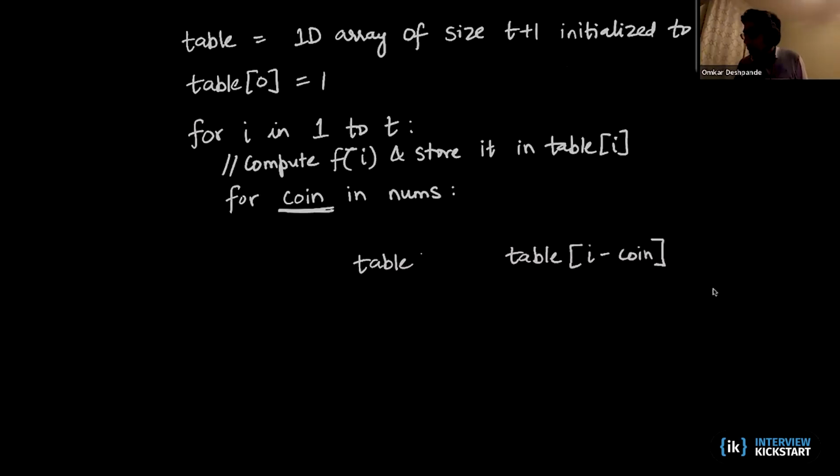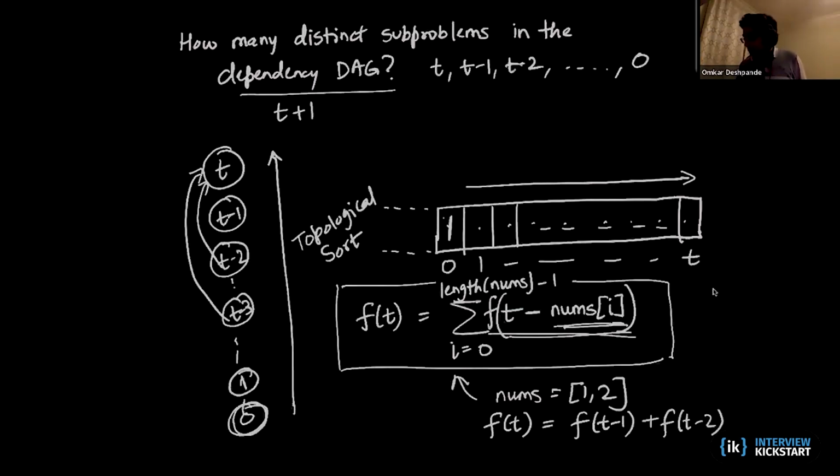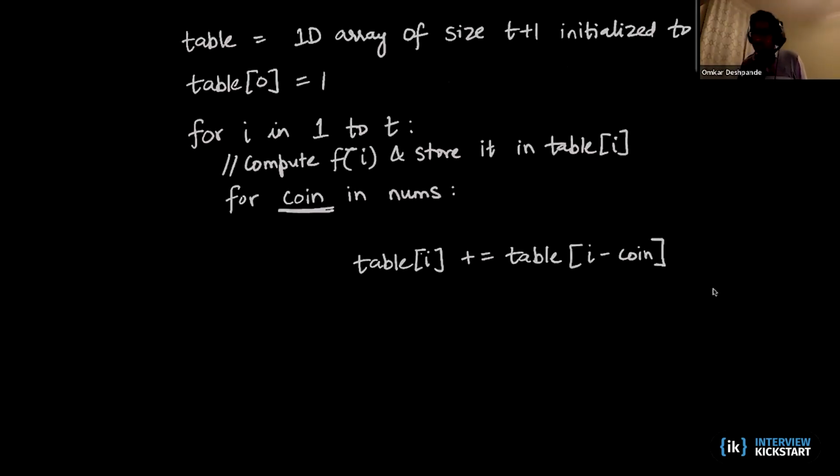We'll look up what that value is, and then we need to add it to the summation. All this is accumulating into the value of table of i, so we just increment table of i with the solution to that previous subproblem.